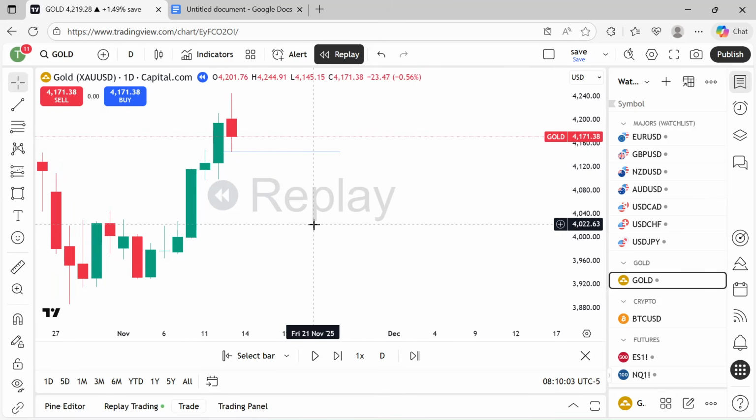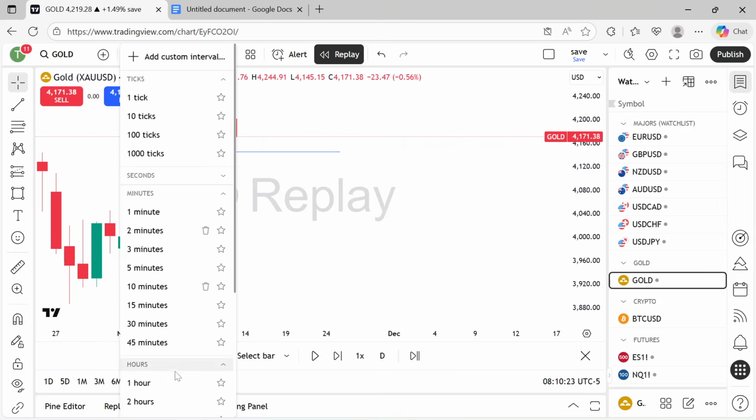But here's a tip. You're going to want to write this down. Get out your notepad, write this down. Very important. Okay. Whenever this happens and you see a failed 2 on a higher time frame, so in this case, the daily, go down to the next lower time frame, in this case, the 4-hour.